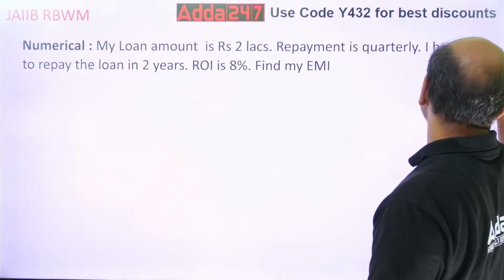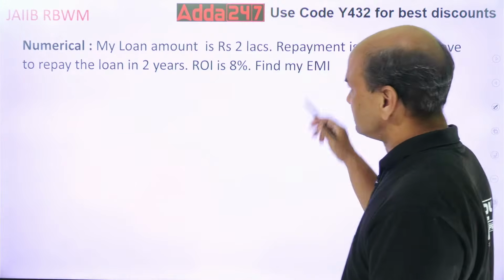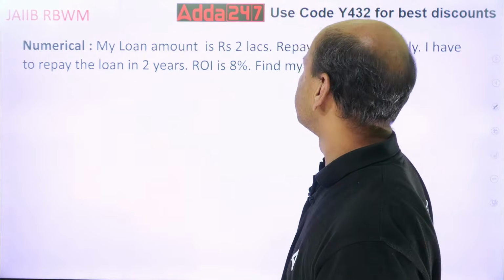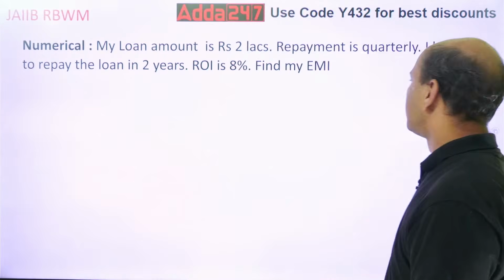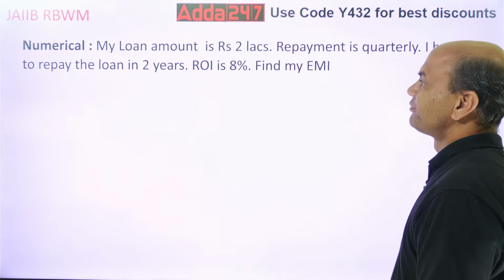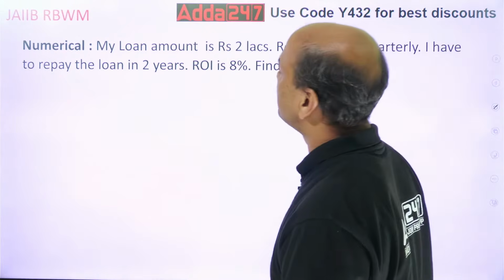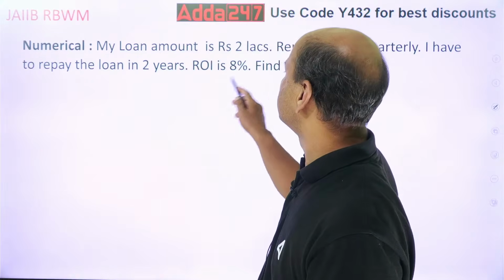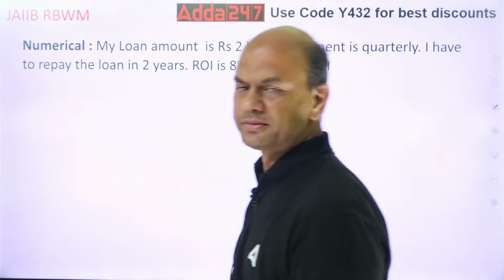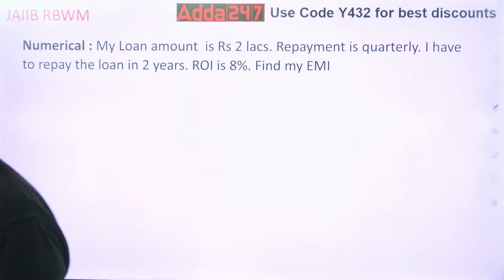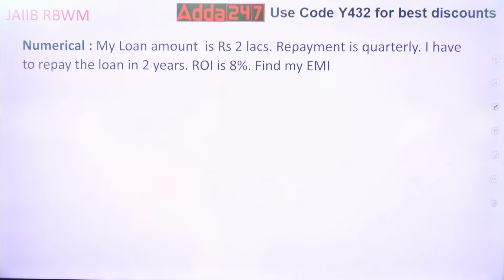Next. My loan is 2 lakhs. Repayment is quarterly. I have to repay the loan in 2 years. ROI is 8%. Find my EMI. Try this. Everyone should try this now.